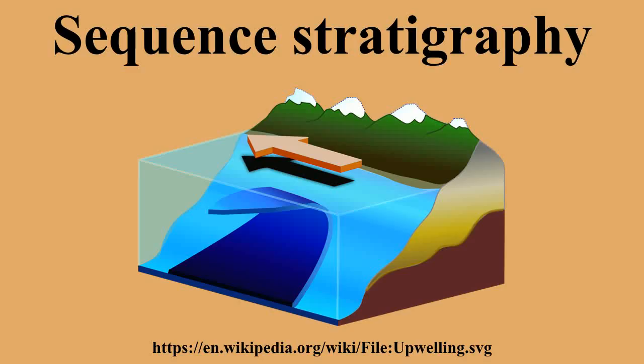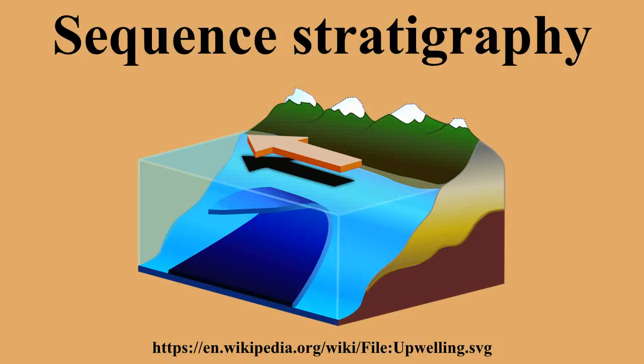This systems tract forms when the rate of sedimentation is outpaced by the rate of sea level rise in the sea level curve. Highstand occurs during the late stage of base level rise when the rate of sea level rise drops below the sedimentation rate. In this period of sea level, highstand is formed. It is bounded by the maximum flooding surface at the base and a composite surface at the top.